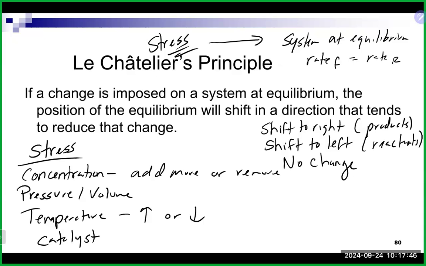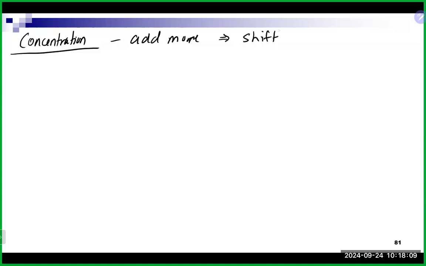So let's talk about each of these and what happens. We're going to start with concentration here. As I mentioned before, you can either add more. And when you add more concentration, it will shift away from the side you added it to.